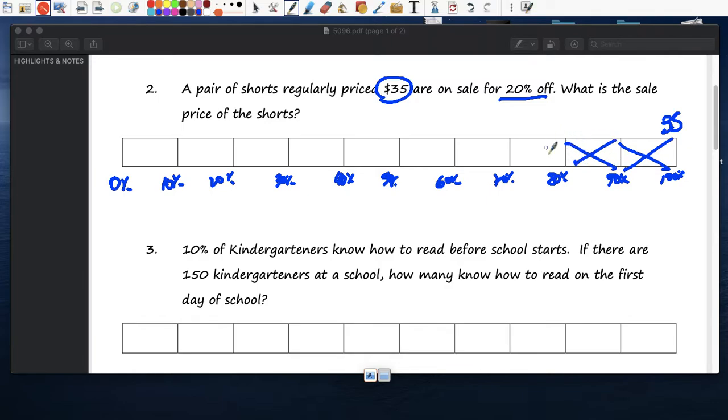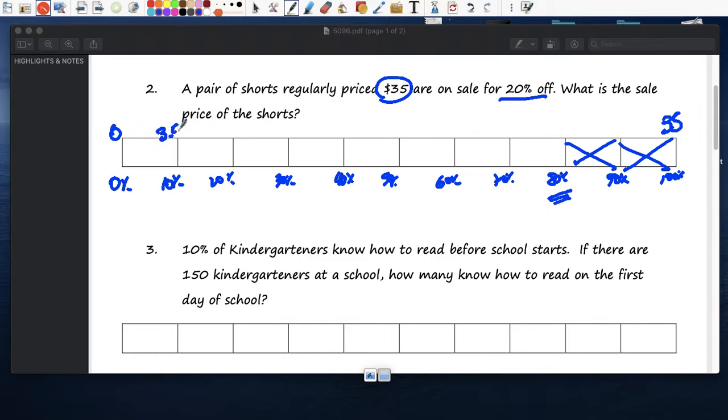So that's 10%, 20%. So you're going to pay 80%. What's 80% of the $35? So 35, 10 boxes. If we divide 35 by 10, we get 3.5.